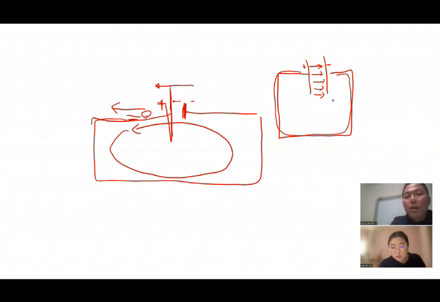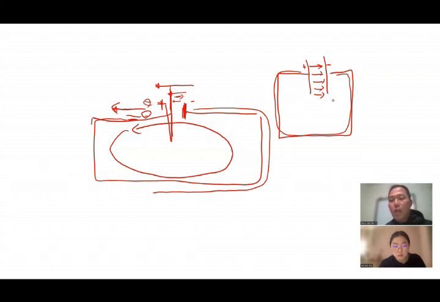Normally we assign the current direction as opposite to the electron direction. So actually, electrons are going along the opposite direction of current in physics. In the same way, in the battery itself, we assume that the current is in the opposite direction of the electrons.